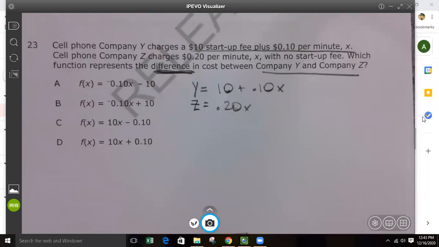Come on, Zoomers. Everybody's on Zoom, so everybody's got to talk. What does difference mean? Guys, you're wasting time. What does difference mean?